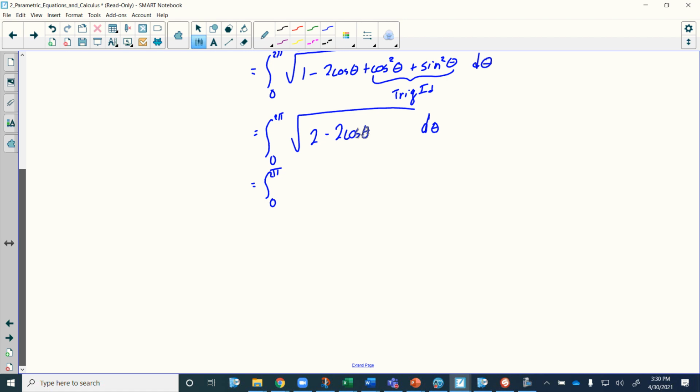Well, we can separate the function here. The inside of the radicand right now, we have a common factor of 2 that I can factor out, which would be the square root of 2 times the square root of 1 minus cosine of theta d theta.